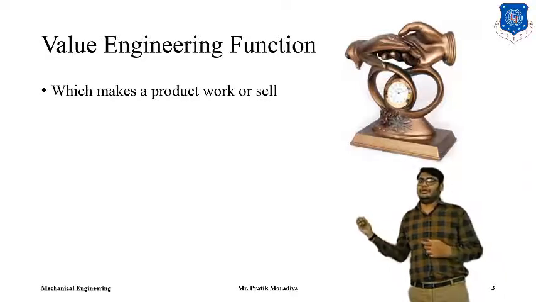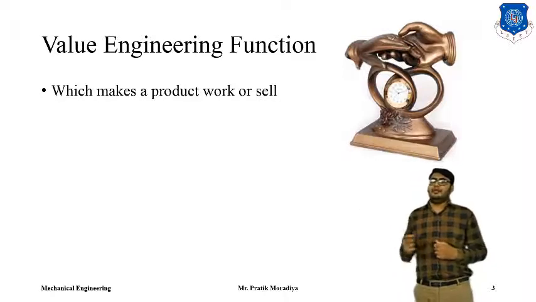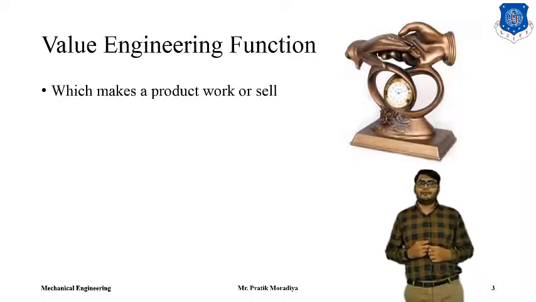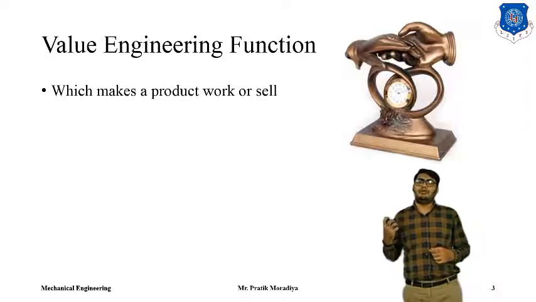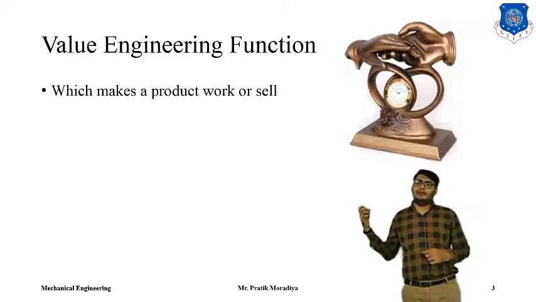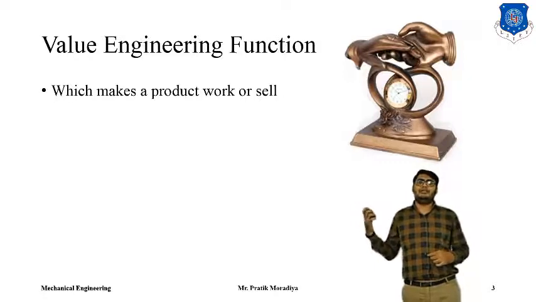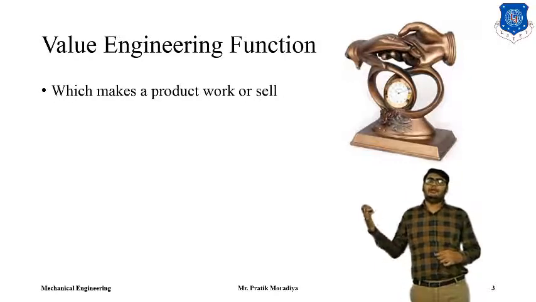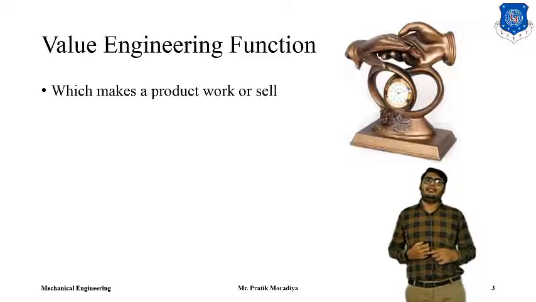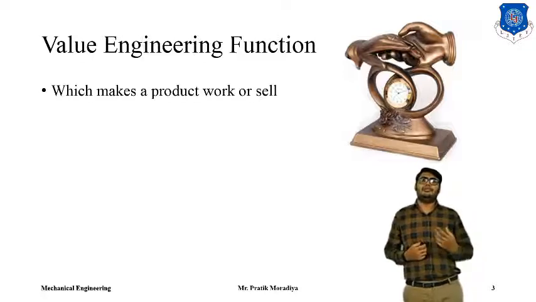For example, here in this picture, this is a table clock. But what actually will make this sell? Not just the clock. There is a component of clock that will be there, but more or less the design itself is more attractive. It looks like an art piece, and that's what will make it sell.